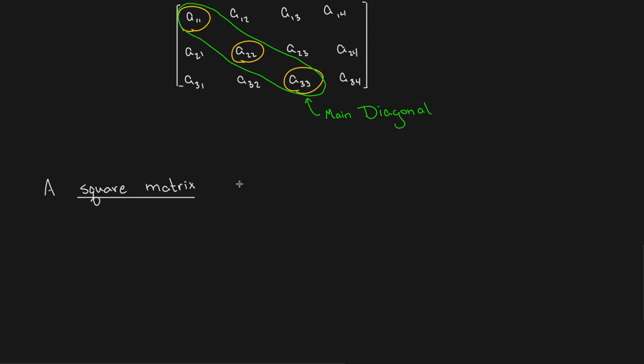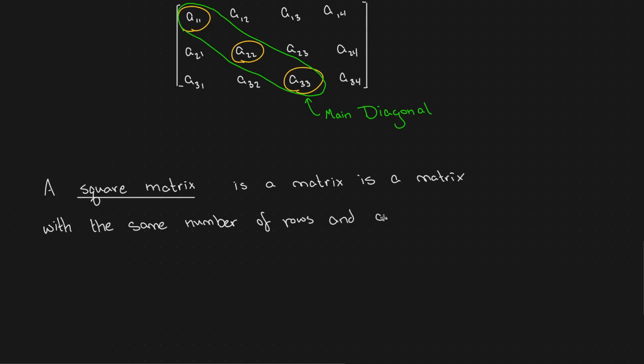A square matrix is a matrix with the same number of rows and columns. So if you have 2 rows and you're a square matrix, you must have 2 columns also.